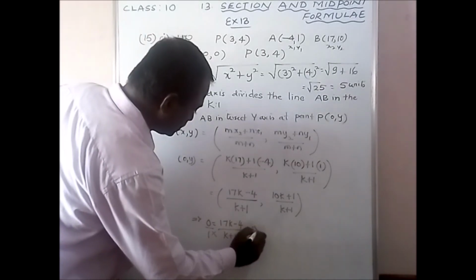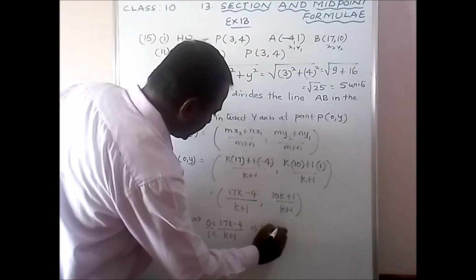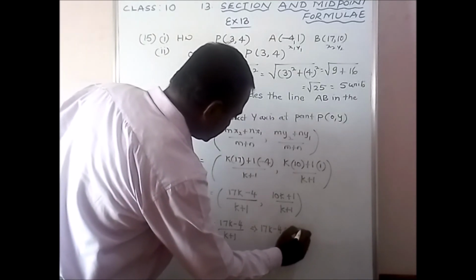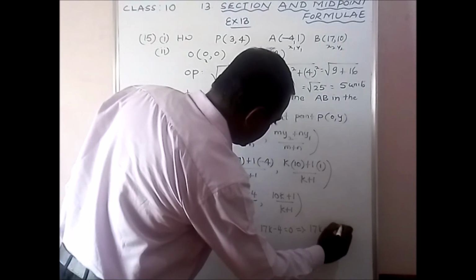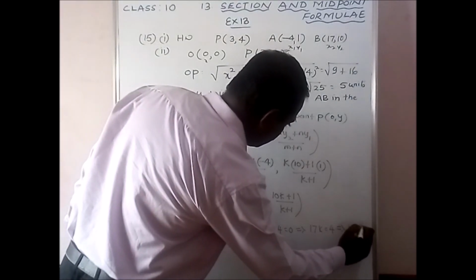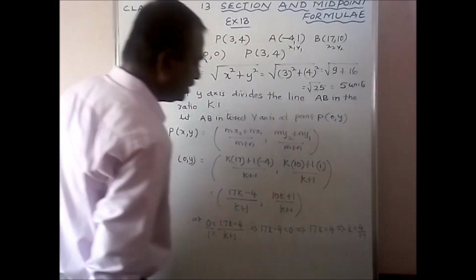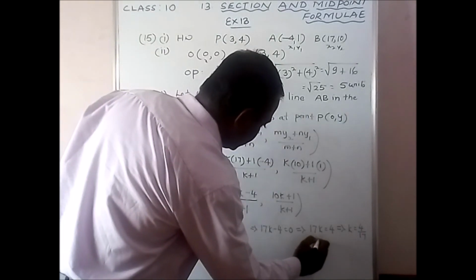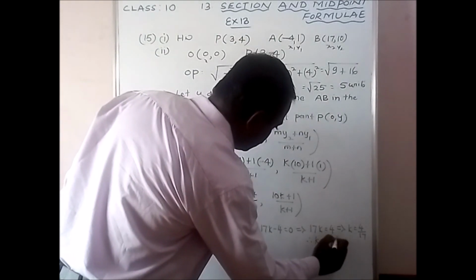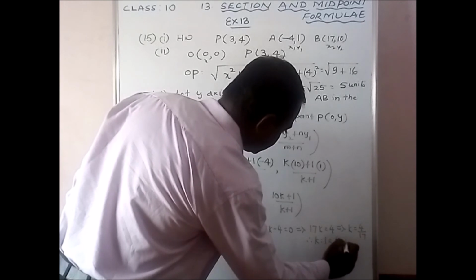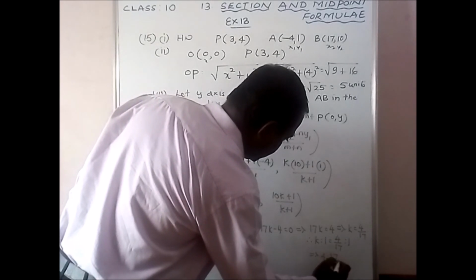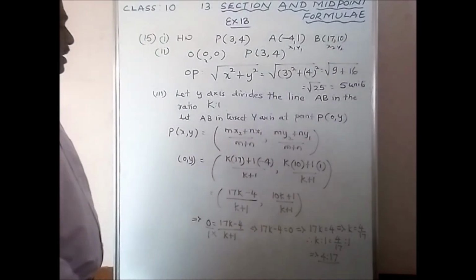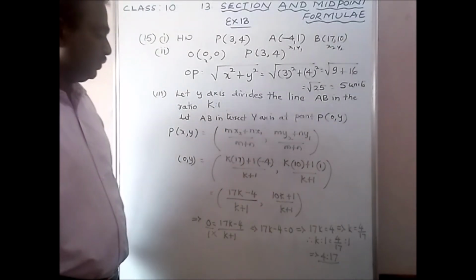This implies 17k minus 4 is equal to 0, so 17k is equal to 4, so k is equal to 4 by 17. Therefore the ratio k is to 1 is equal to 4 by 17 is to 1, which implies 4 is to 17. That is the ratio.